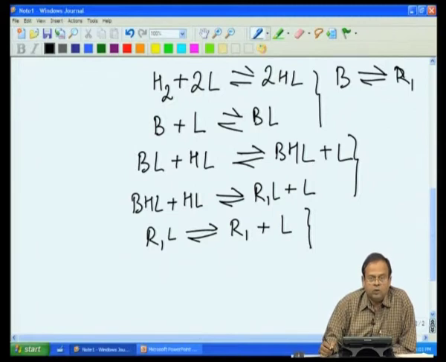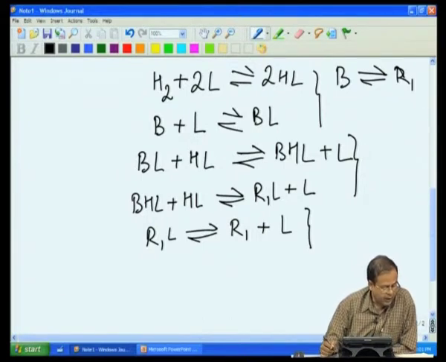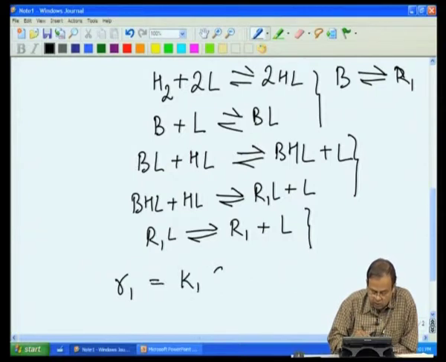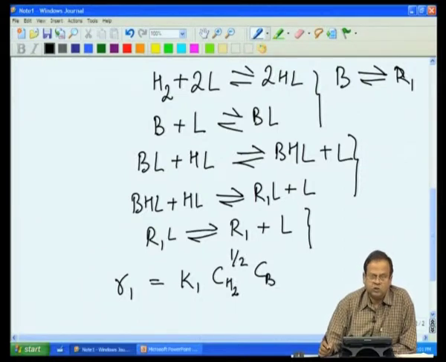So, one can apply quasi steady state or quasi equilibrium approximation. Here quasi equilibrium approximation was applied, and what we get is the rate of this reaction, let us call this the first reaction, is equal to K1 C hydrogen raised to half into CB after certain simplification.